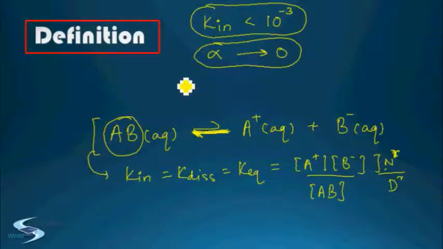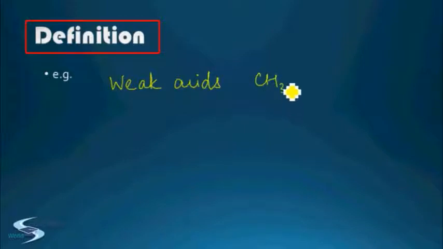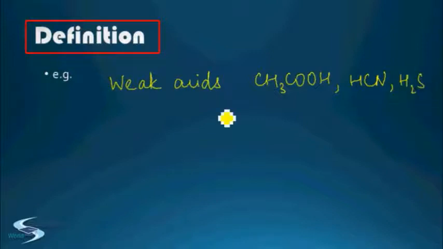So what kind of electrolytes are weak electrolytes? Which all electrolytes come under this definition? Again, there are several examples. All the weak acids which you might have heard of or which you are going to look at later on, for example, acetic acid, HCN, H2S, all these are examples of weak electrolytes.